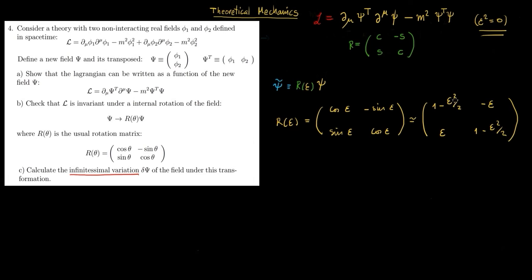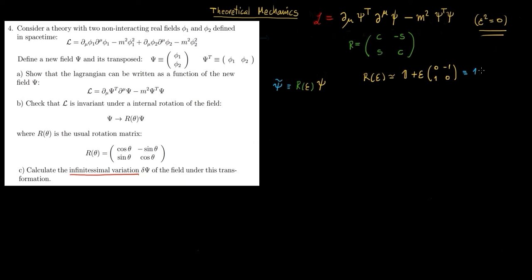We eliminate the terms epsilon squared, and therefore we can express the rotation matrix as the identity plus something. That something will be epsilon multiplied by the matrix 0, -1, 1, 0. We call this matrix B, for example.